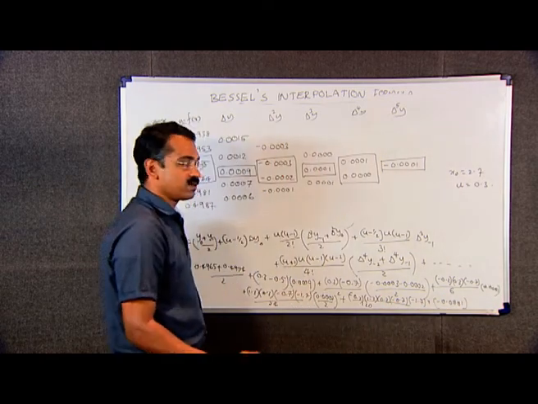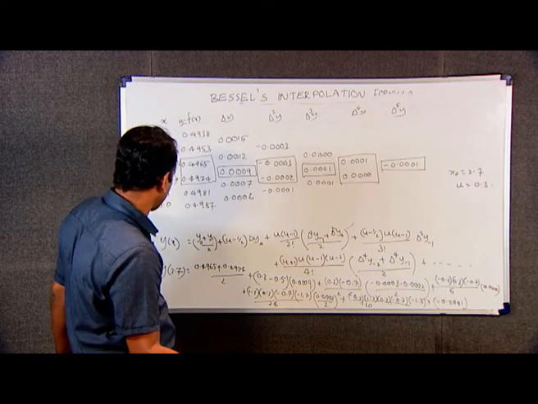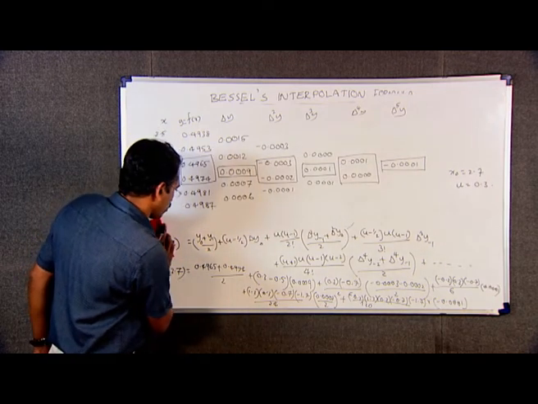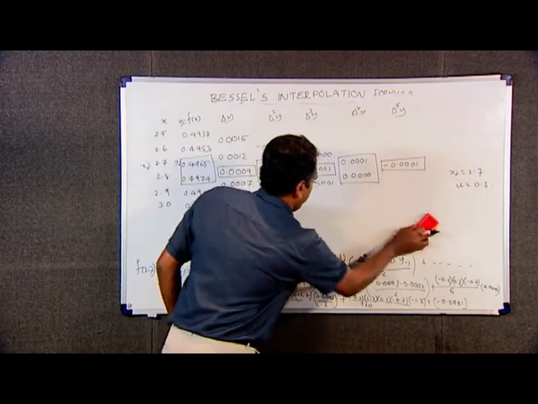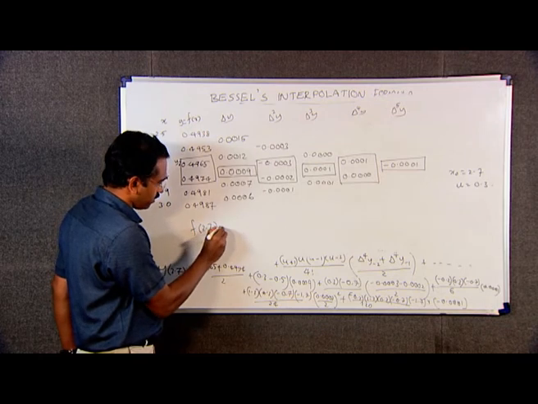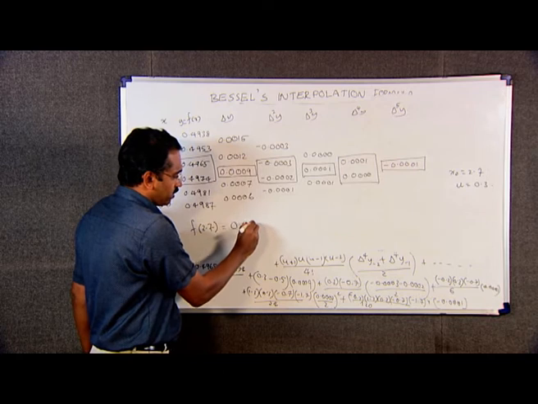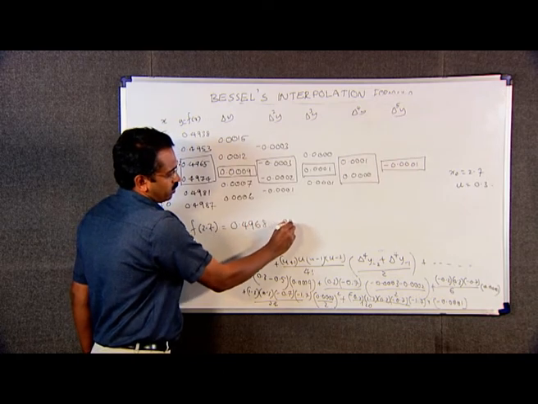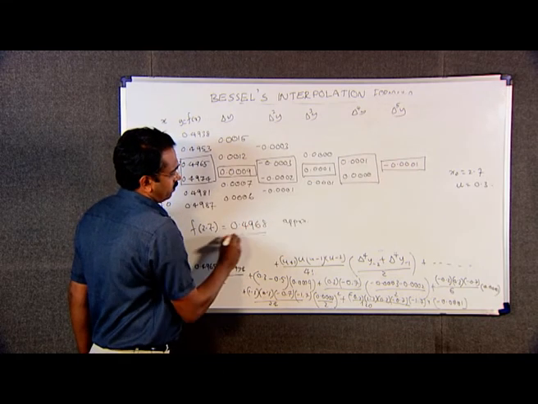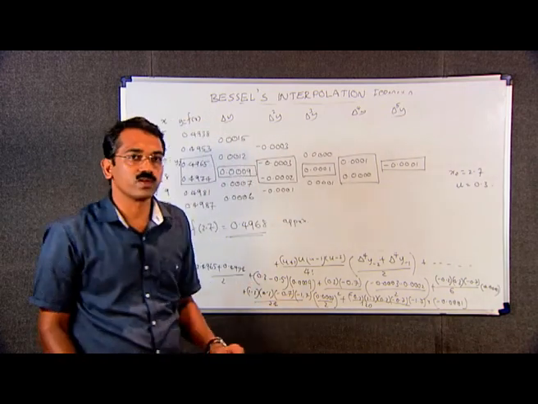On simplification, we get f of 2.73 approximately equal to 0.4968. This is the required value.